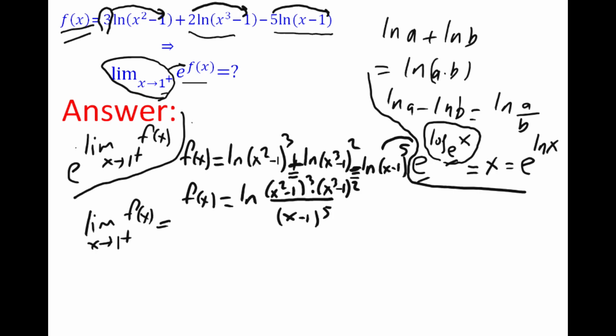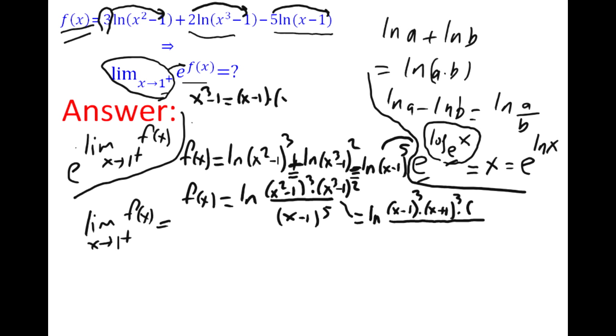I'll continue this limit part later. From here, let's continue. ln, and I'm going to factor the whole term. x squared minus 1 can be written as (x minus 1) times (x plus 1), and that 3 is going to come as a power to both terms here, times x cubed minus 1, which can be factored as (x minus 1) times (x squared plus x plus 1).